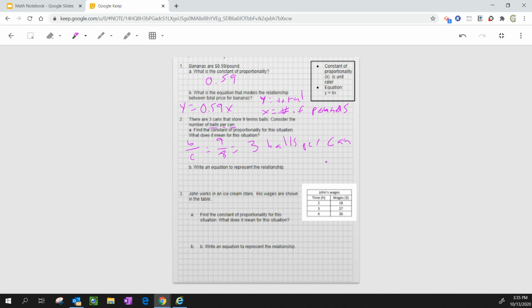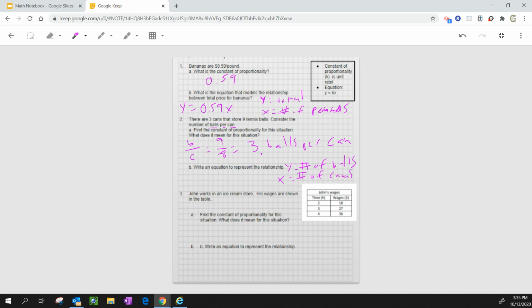Okay? So if I write the relationship, we have y, which is going to be my total number of balls altogether. And my x is going to be my number of cans.